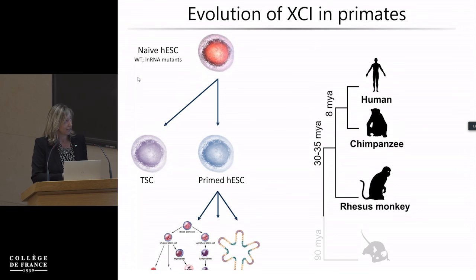So we are studying X chromosome inactivation in rhesus monkey and chimp, which diverged from human much more recently. In fact, we know already from our work, but also from work that is going to be published soon, that there are quite significant differences between rhesus and human primates.